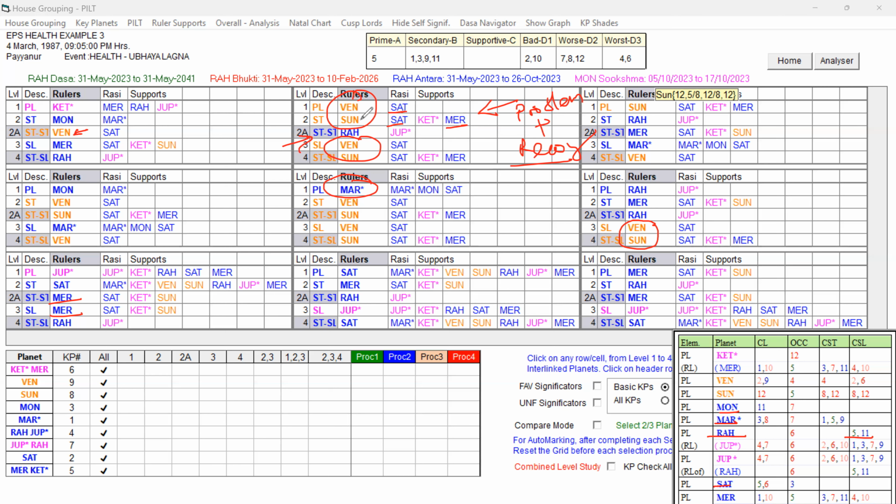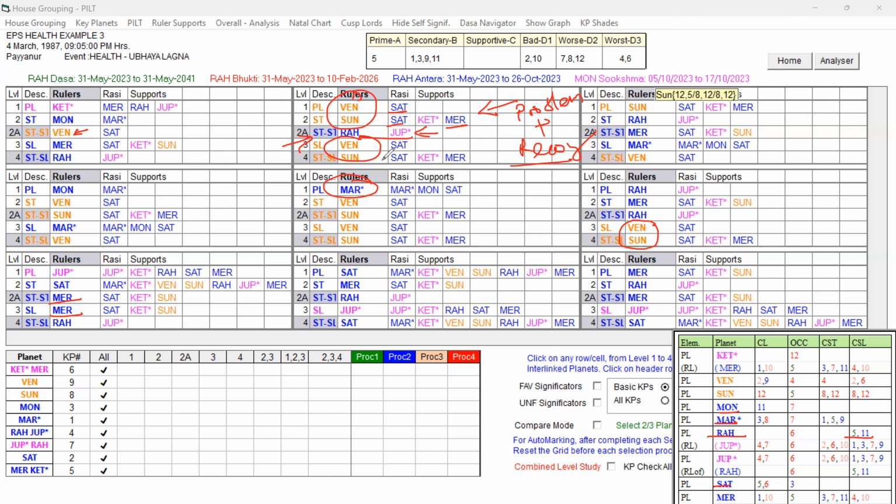Rahu is representing Jupiter, the sub-lord of the Dasa Lord. So Rahu is the planet, Jupiter is the planet, this recovery giving planet. Along with that, Saturn, Mercury, they are all playing. So the unfavorable signification of the Venus, Dasa Lord, is getting reduced by the Rahu and Mercury, Saturn.